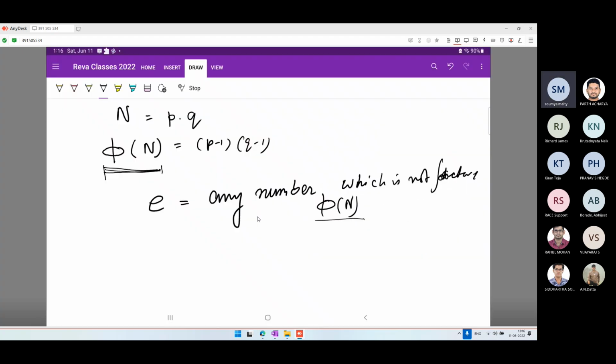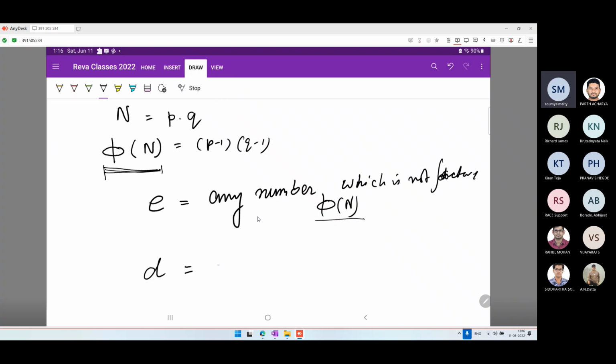Okay, E is any number which is not a factor of phi n. That means take any number in the world by which you cannot divide phi n. Just randomly take any number.